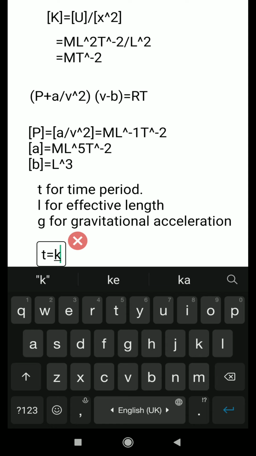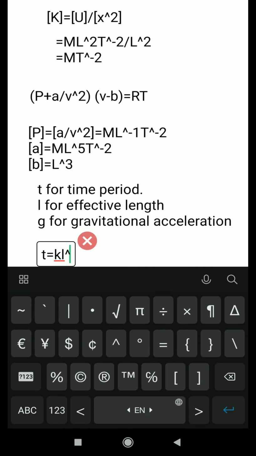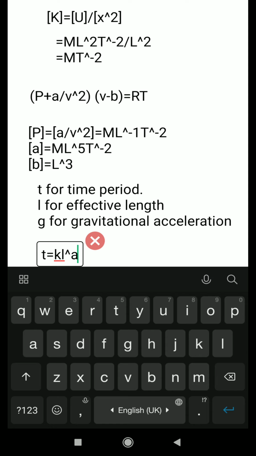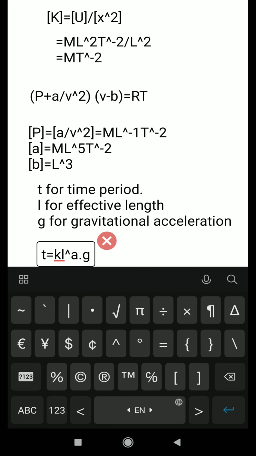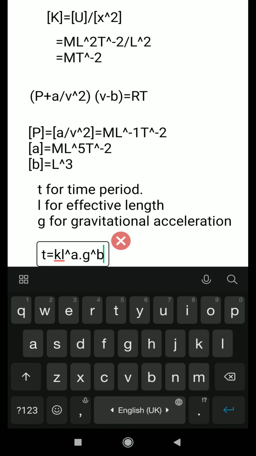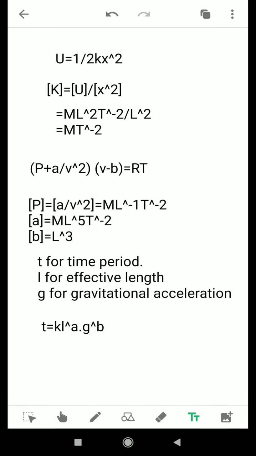So T equal to K into L to the power a into g to the power b. Clear? So I have written the equation as an assumption: T equal to K, a dimensionless constant, L to the power a, g to the power b.